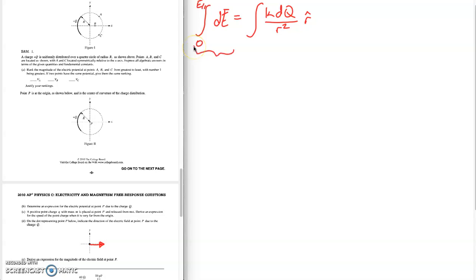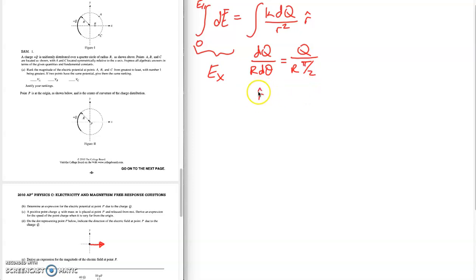So on the left side, we're going to end up with just the X part of the electric field, because the 2 Y parts, the part that comes from the upper half and the part that comes from the lower half, those 2 are going to cancel each other out. All right, dq. The dq we're going to deal with exactly the same way as we did last time. I suppose I shouldn't have deleted that. dq over r d theta is going to be total charge over r and then pi over 2.